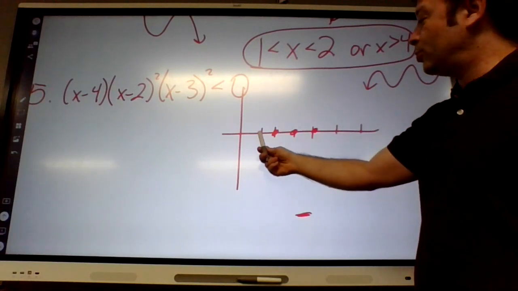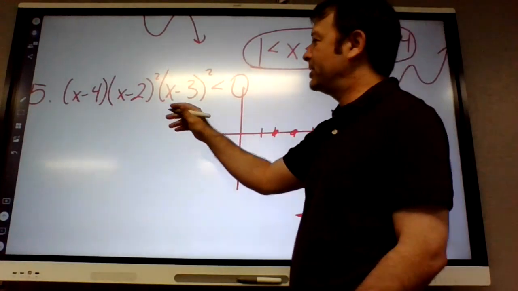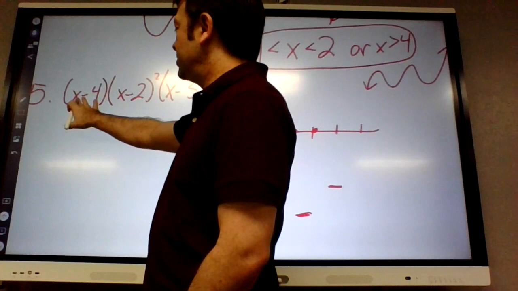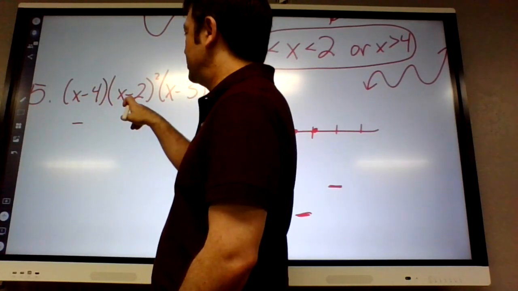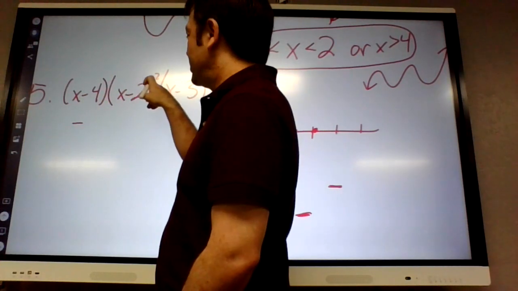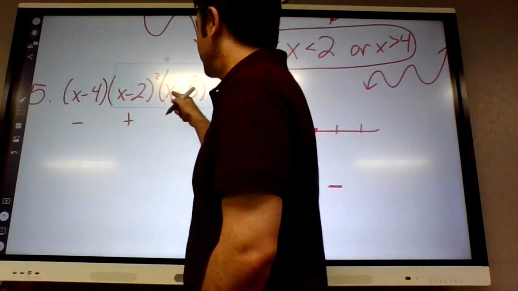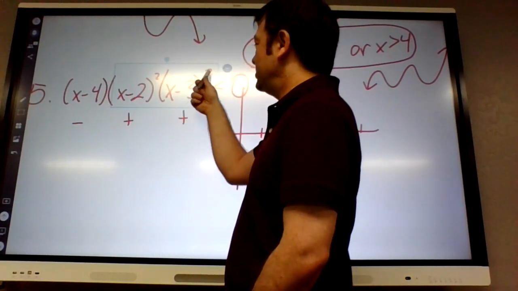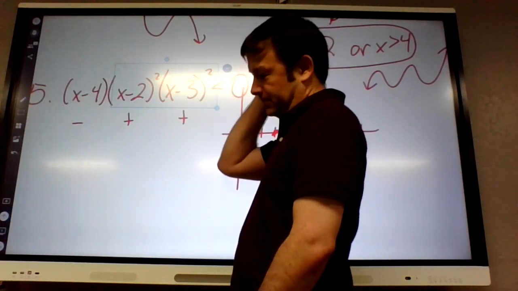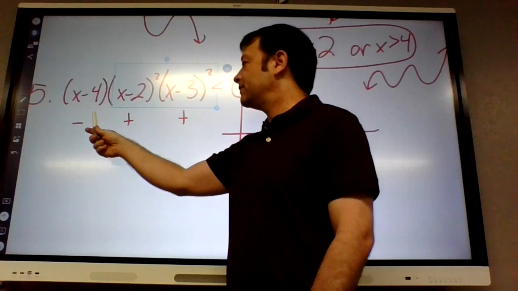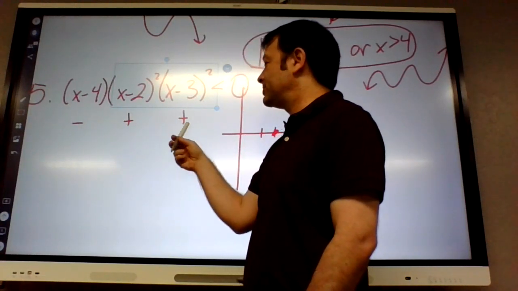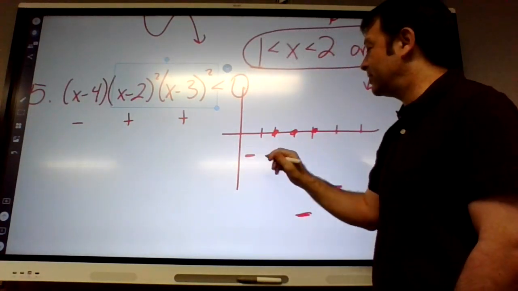If I plug in 0, this will be negative, this will be positive because you square it, and this will be positive because you square it. Anytime you square anything, it will come out positive. So we have a negative times a positive times a positive, so it is negative out here.